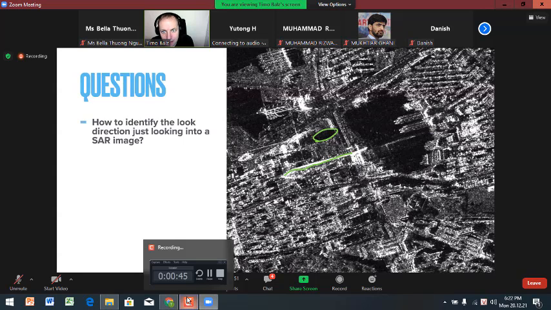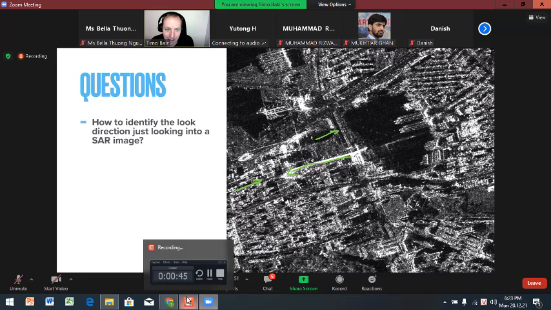The layover, right? That building, so it's layover approximately in that direction. The layover goes toward the sensor, or opposite of your looking direction. So if that's the layover direction, you're going to look in this direction. And similarly, you can look at the shadow. This is the shadow, which goes in this direction, right? So the shadow is in the direction of where you're looking.